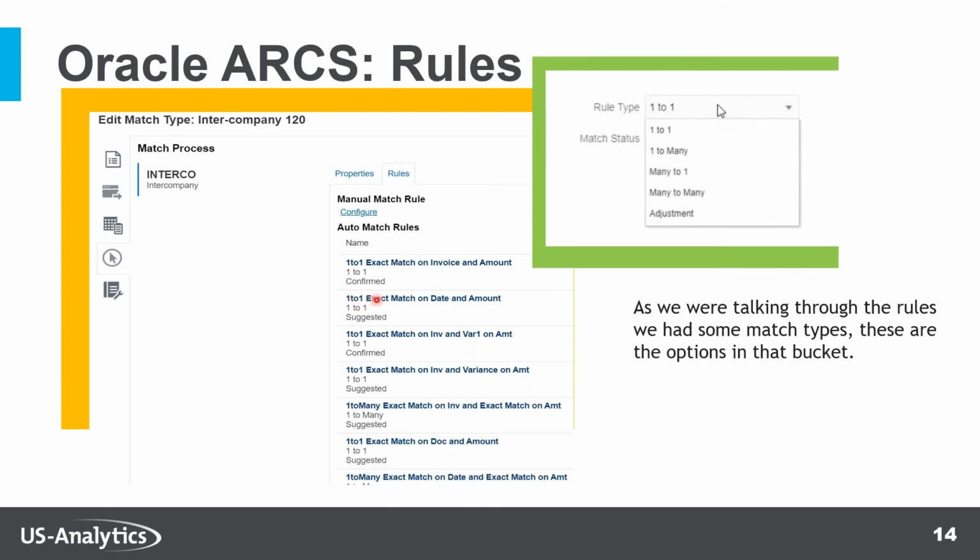If I have a one-to-one exact match on date and amount, but my invoice number is not the same or not on there, then I want you to go ahead and put it in my suggestions bucket. If you have a one-to-one exact match on invoice and have a variance on the amount within the tolerance limit, then go ahead and confirm it. And so on.